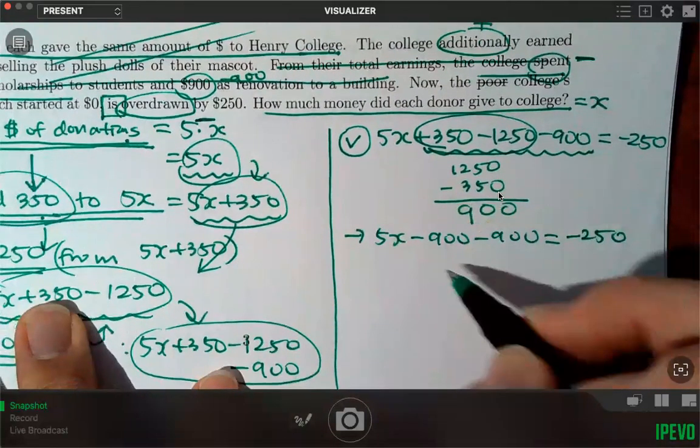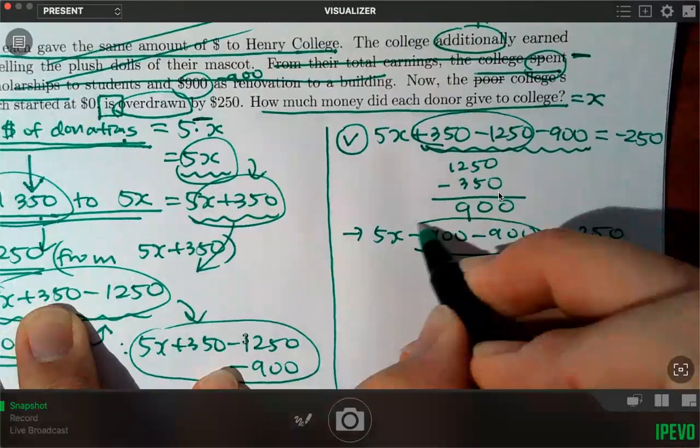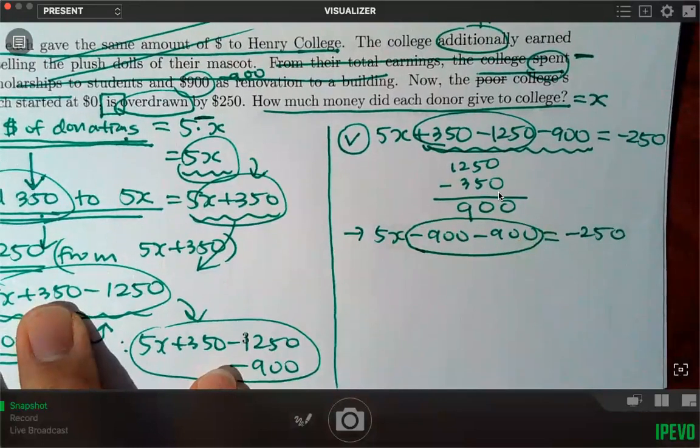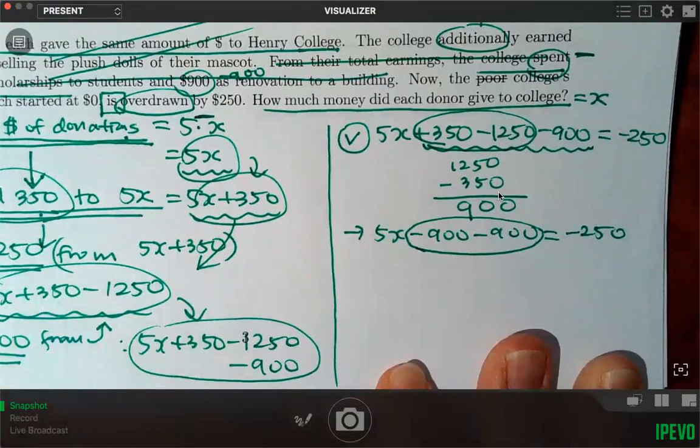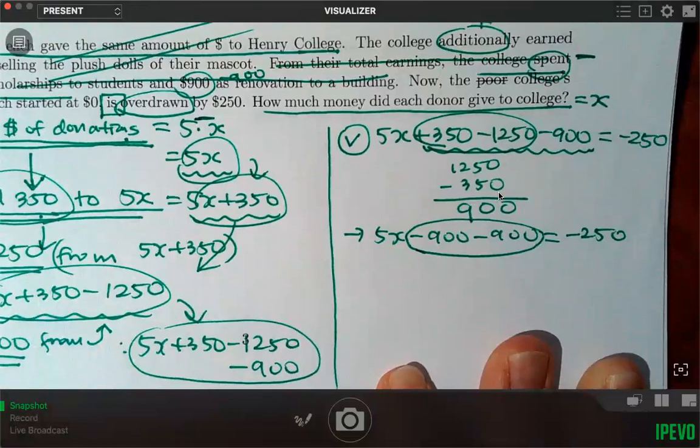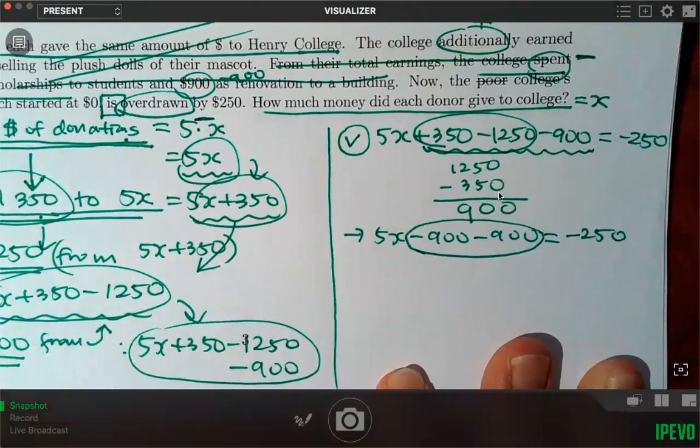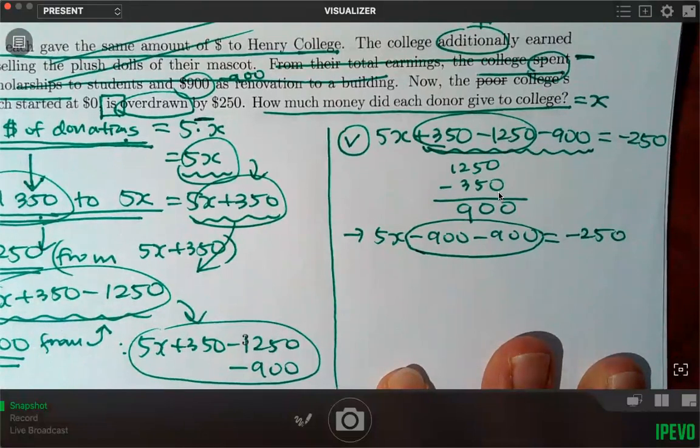Now this one, negative 900 minus 900, they cancel, right? No. Are you sure? So what is negative 900 minus 900 equal to? Negative 1800.